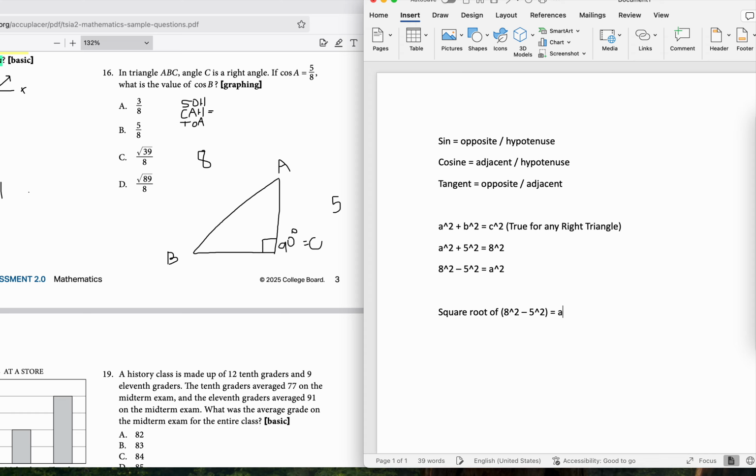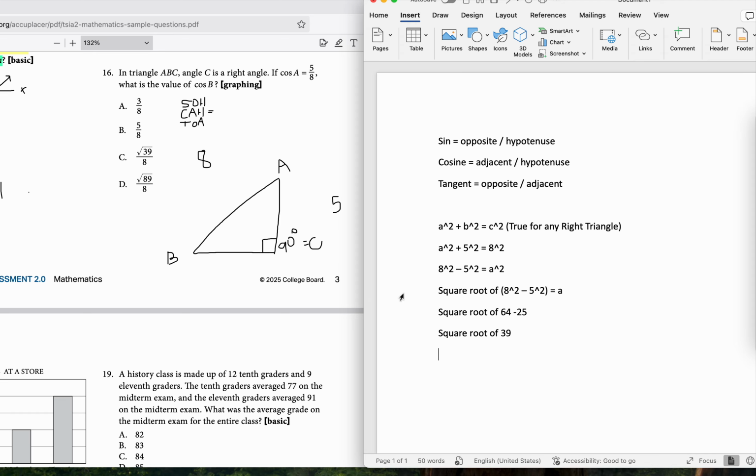We may not have a square root calculator, but in this case, they give us a graphing calculator. So 8 times 8 is 64, and 5 times 5 is 25. So 64 minus 25 is 39. That simplified, we get the square root of 39.